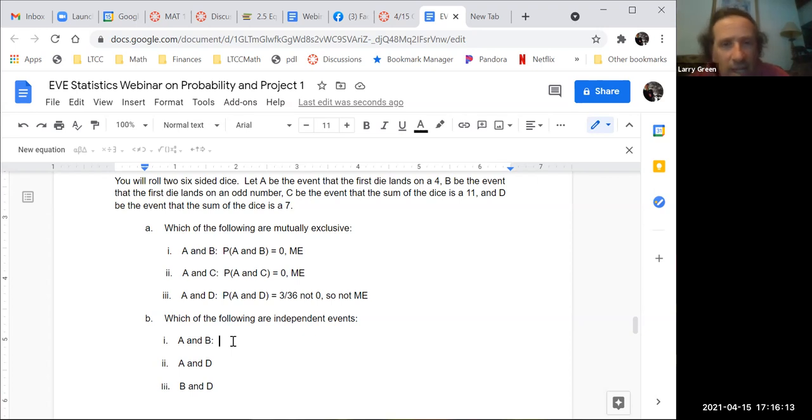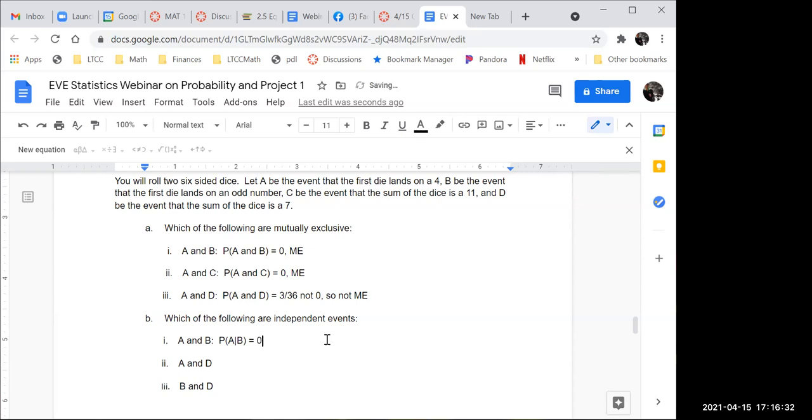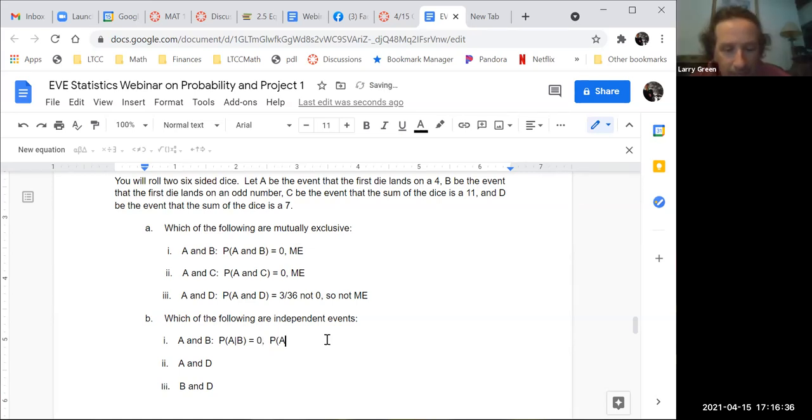Well, we can look at the probability of A given B. What is the probability that the first die is a 4 if you're told that the first die was an odd number? 0. What's the probability of A?